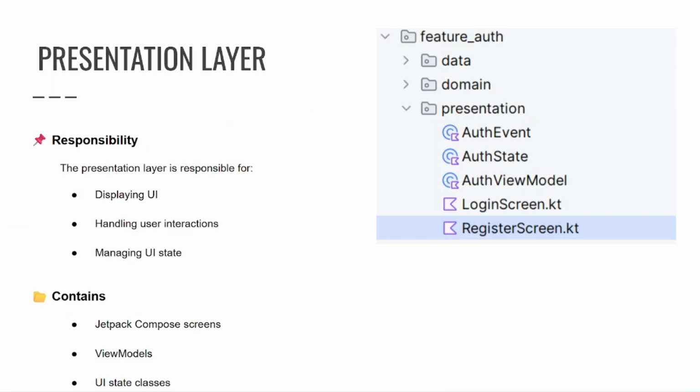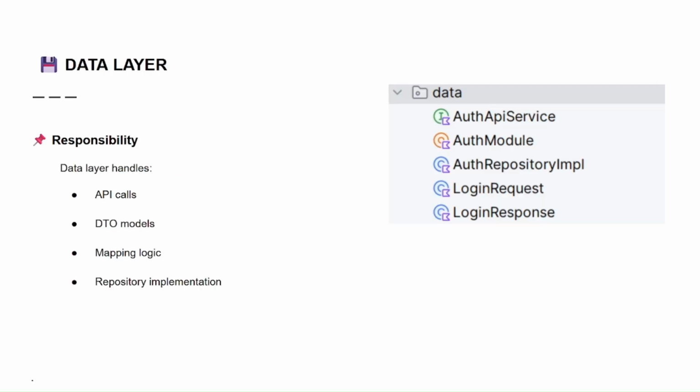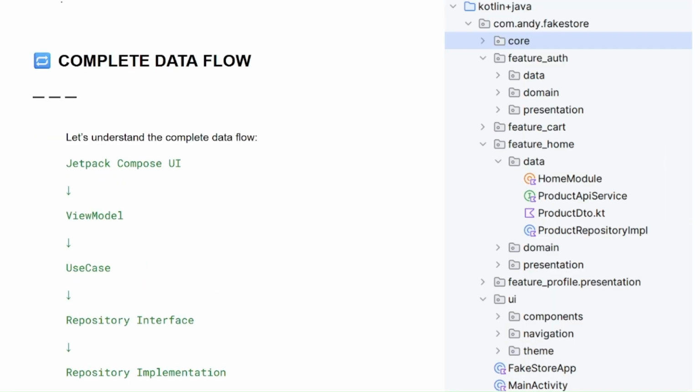Here you can see that our UI communicates with the view model, and the view model communicates with our domain layer's login use case. The login use case calls the auth repository, which calls the auth repository implementation, and that calls the API service. So that was the basic flow of clean architecture.